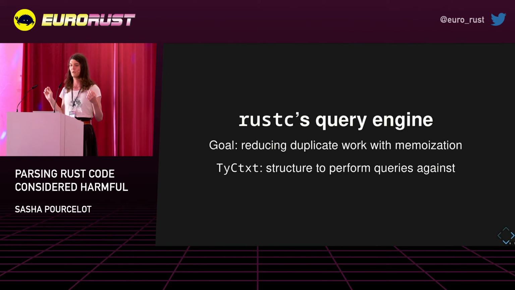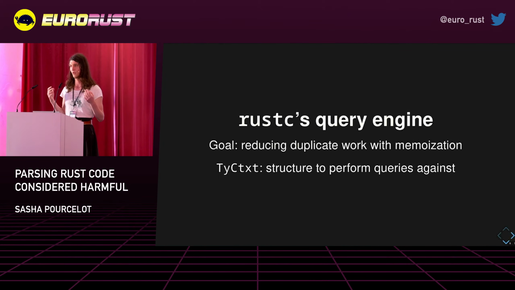rustc is built using a not weird, not strange, but uncommon pattern when writing Rust code. Basically, it's a whole query engine. The thing is that compiling a Rust program is kind of slow. Everyone in the room agrees, I'm pretty sure. So people wanted to make it faster. A simple way to make a complex program go faster is to ensure that no work is performed twice.